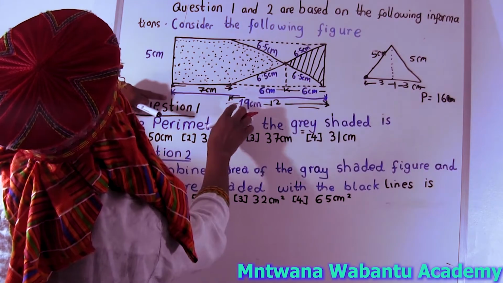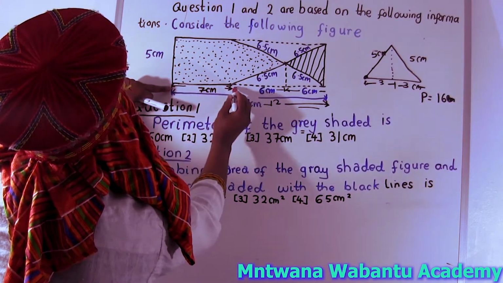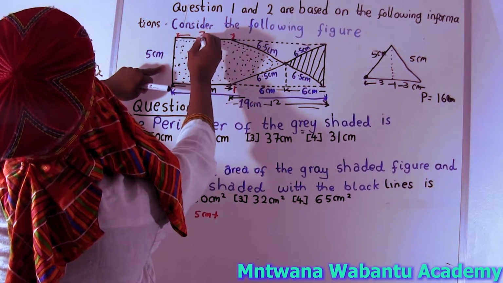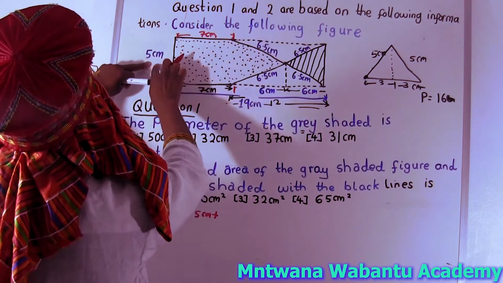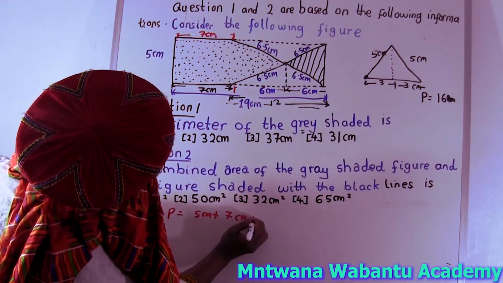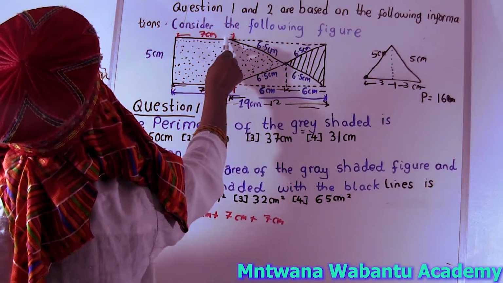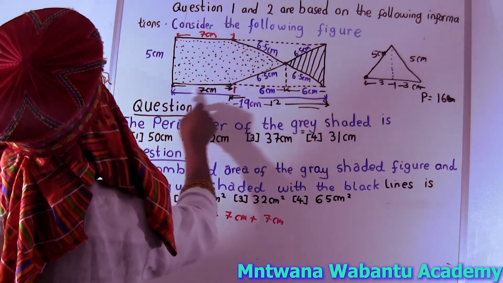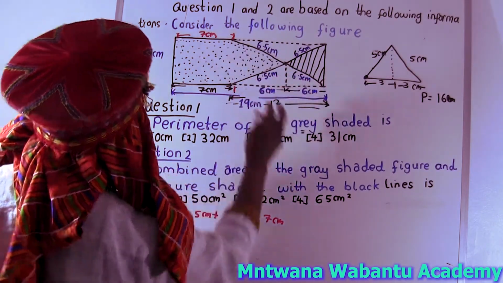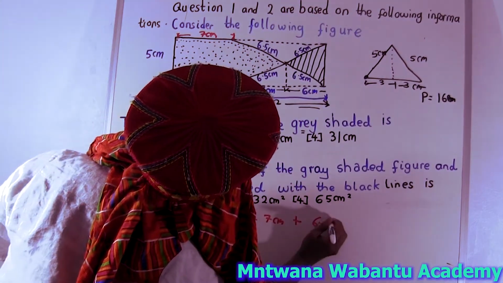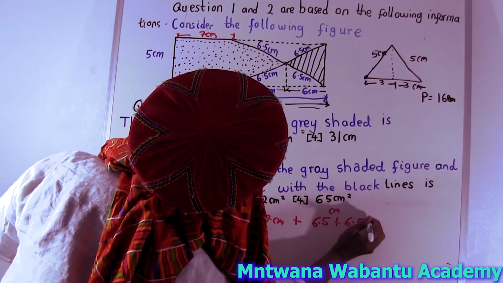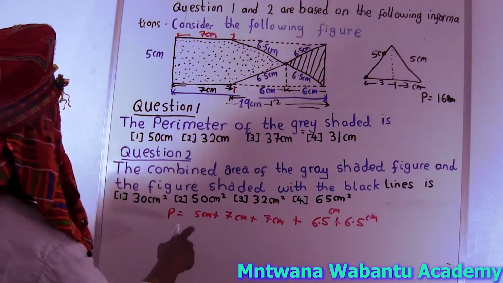This one we know, because if this to here is 7, it's going to be the same length here, also 7. So it's going to be 5 plus 7 plus 7. So we have 5, 7 and 7. We're left with this length and this length, which are 6.5 and 6.5. So we add 6.5 and 6.5 centimeters for both.